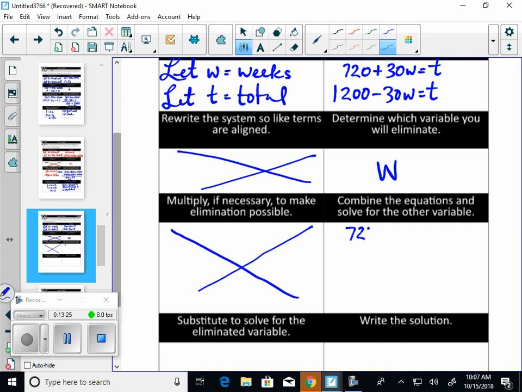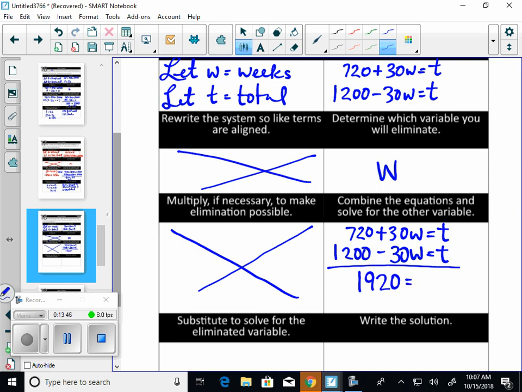So 720 plus 30W equals T, and 1200 minus 30W equals T. This one works out nicely because my W's eliminate. So what's 720 plus 1200? 1920 is going to equal 2 T's. So what is 1 T?